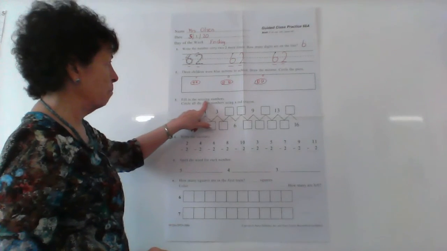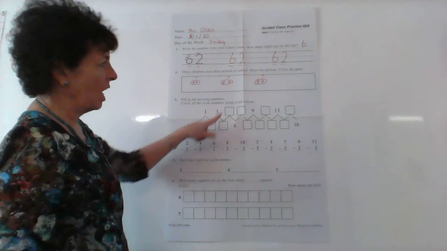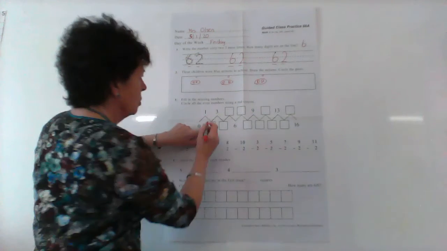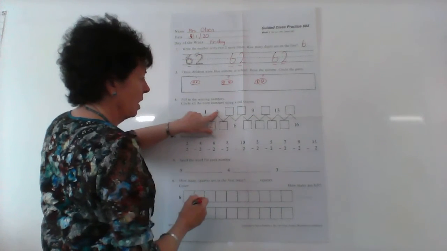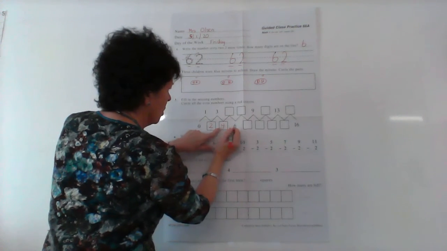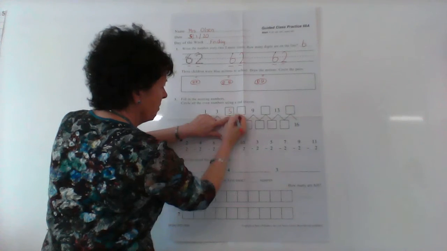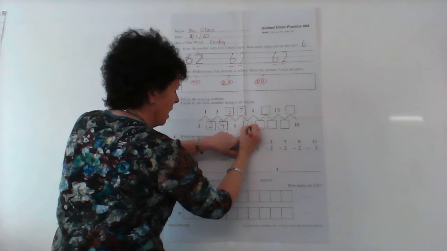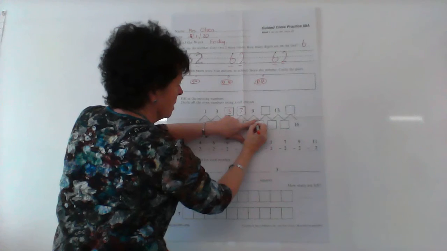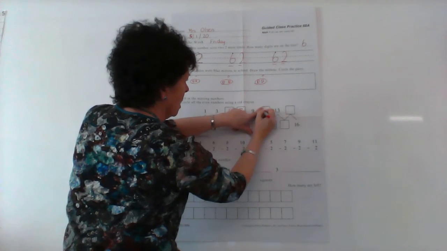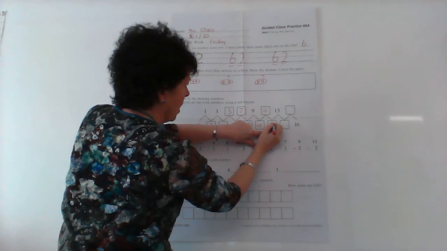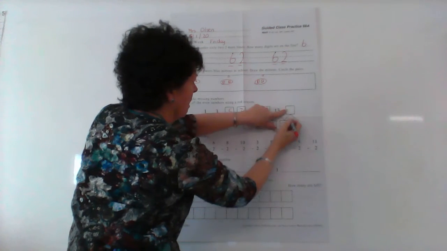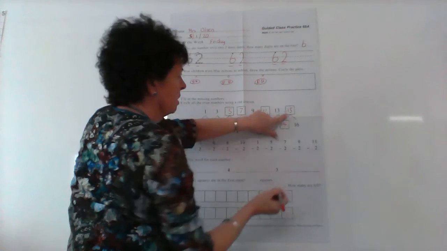This says fill in the missing numbers. Okay, this is kind of a zigzaggy one, so we have to follow along. 0, 1, 2, 3, 4, 5, 6, 7, 8, 9, 10, 11, 12, 13, 14, 15, 16.